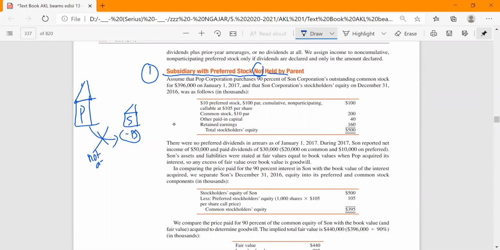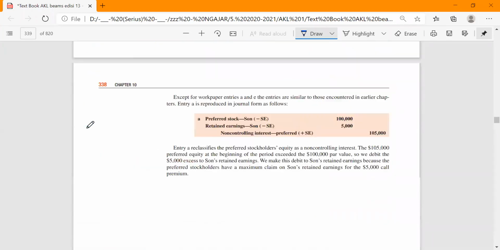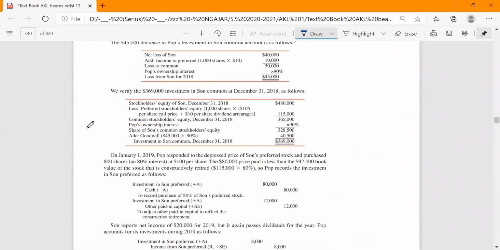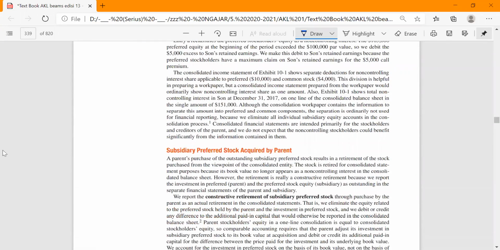So the preferred stock is owned by other parties, which we call NCI, the non-controlling interest. The second situation is where the subsidiary preferred stock is acquired by the parent company.